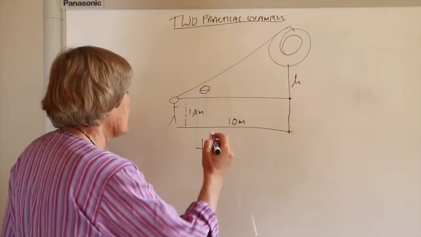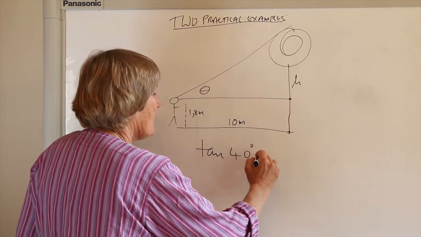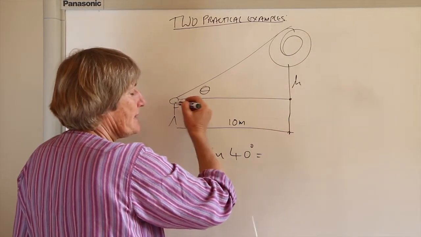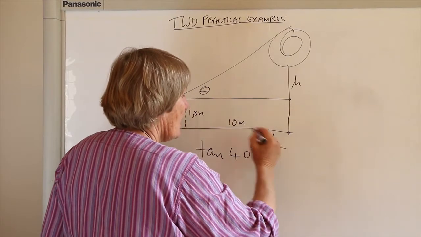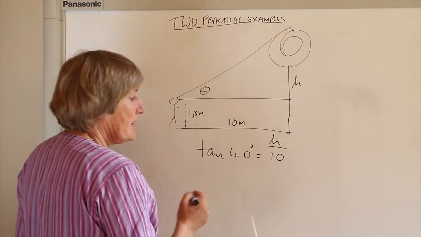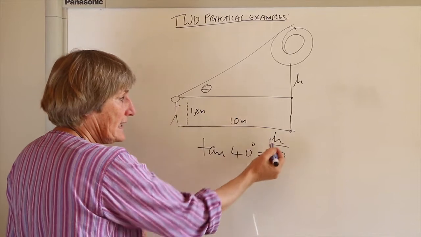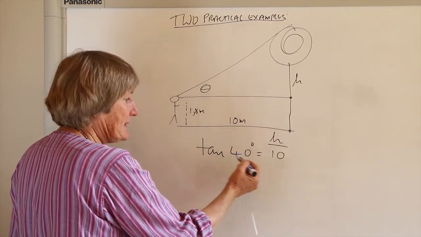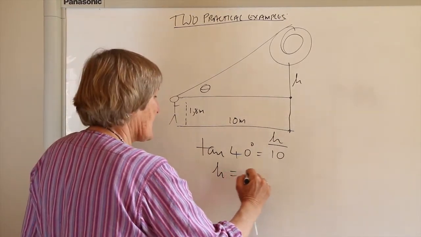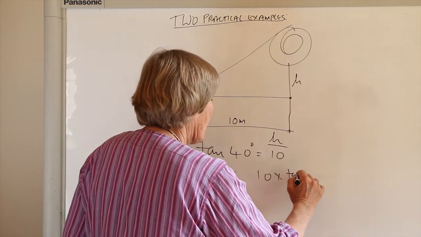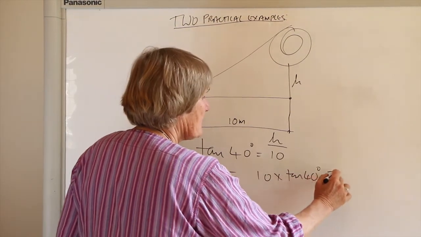Say we measured 40 degrees. Remember, it's the opposite side over the adjacent. So it's h, and this is 10. So now I can figure out what is h, because h divided by 10 is this. So h itself is 10 times the tan of 40 degrees.